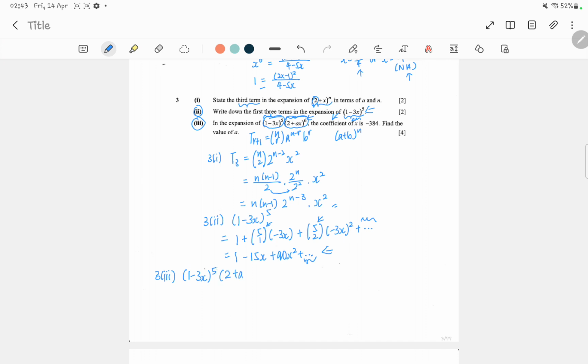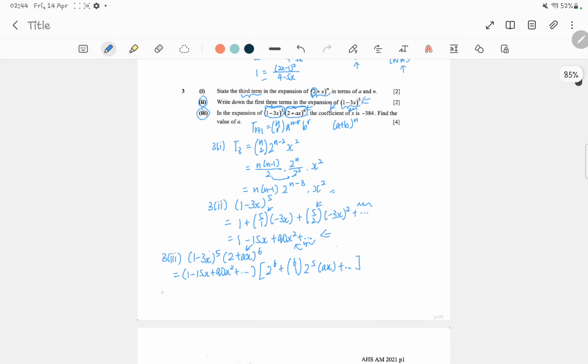For (1 minus 3x) to the power of 5, we can just copy this over here, which is 1 minus 15x plus 90x squared, again plus dot dot dot. And next, we are going to just look for the first 2 terms in this expansion over here. That would be 2 to the power of 6 plus 6 choose 1, 2 to the power of 5 times ax, again plus dot dot dot.